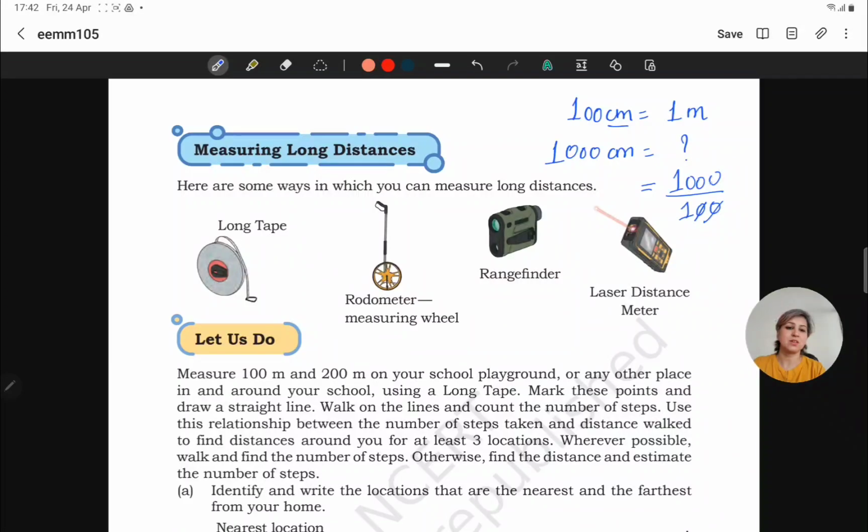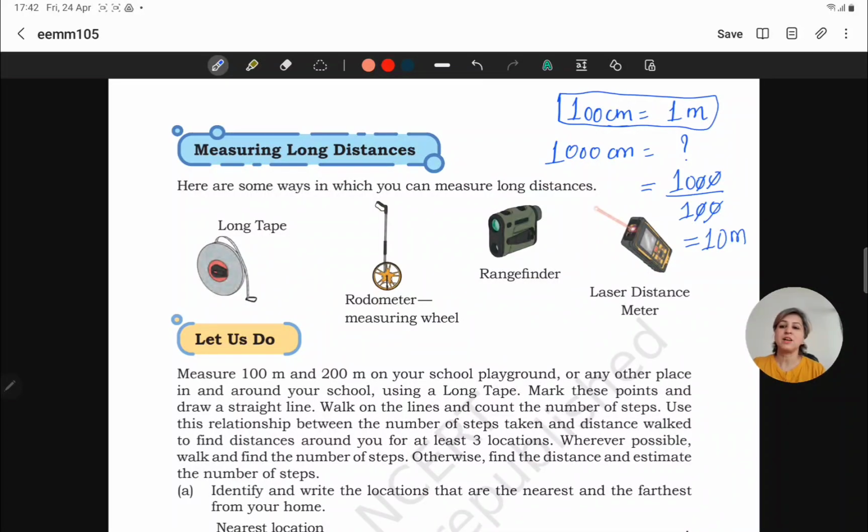We cancel out these zeros and the answer we get is 10 meters. So you see, from smaller unit to a bigger unit, we divide by 100 because the standard is of 100, and from bigger unit to a smaller unit, we multiply by 100. Alright, so this is a quick recap.